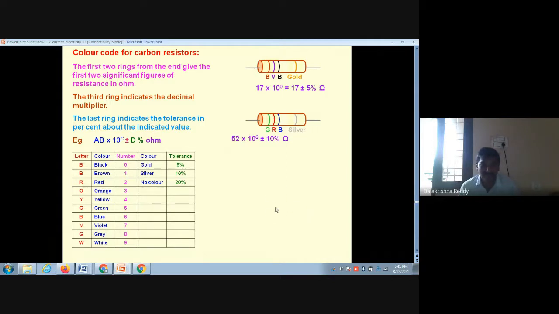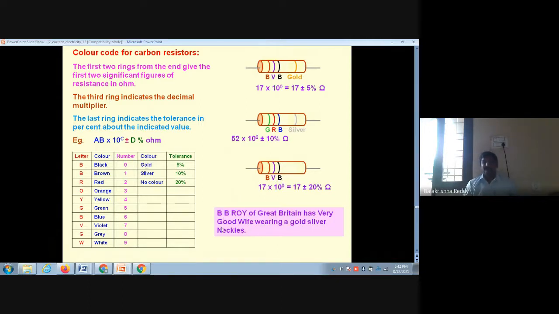We have to follow the letters' order, taking the first letters: B.B. Roy, R.O.Y. B.B. Roy of Great Britain has a very good wife wearing gold silver necklace. Here V is also included, the same way. This is the acronym that has been developed.